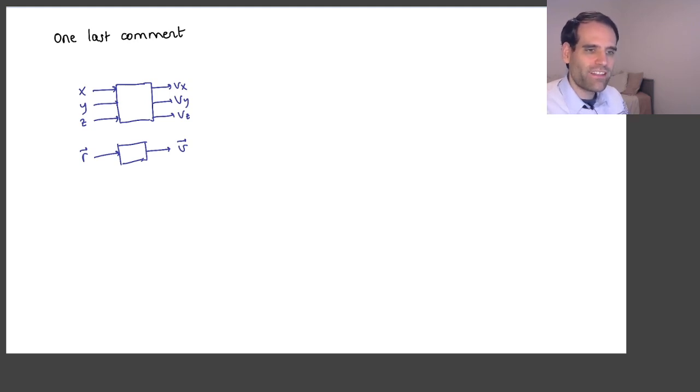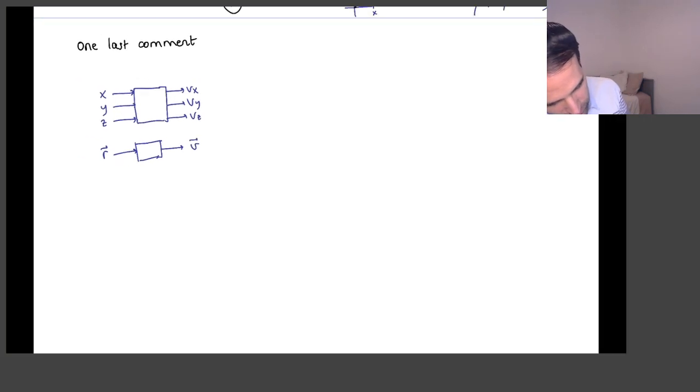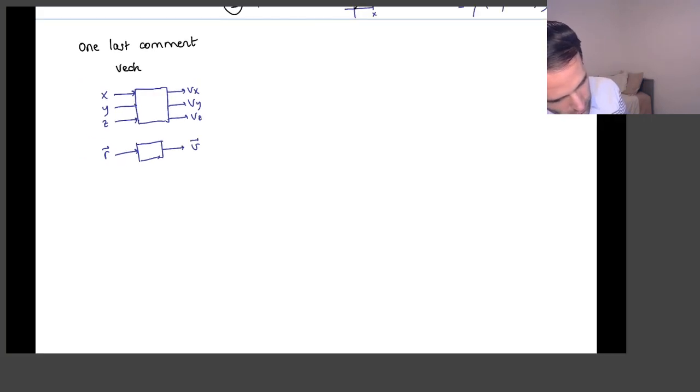I have one last comment to make, and this is a thing that some students misunderstand. So remember when we were talking about vector fields and I drew in general how a vector field looks like?